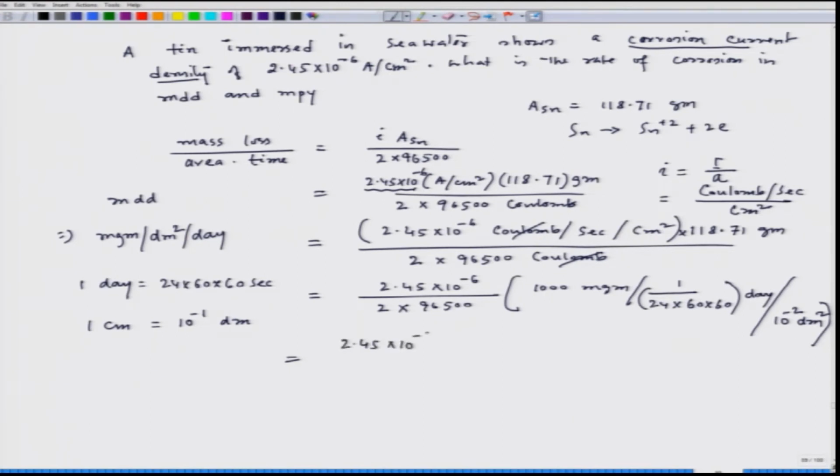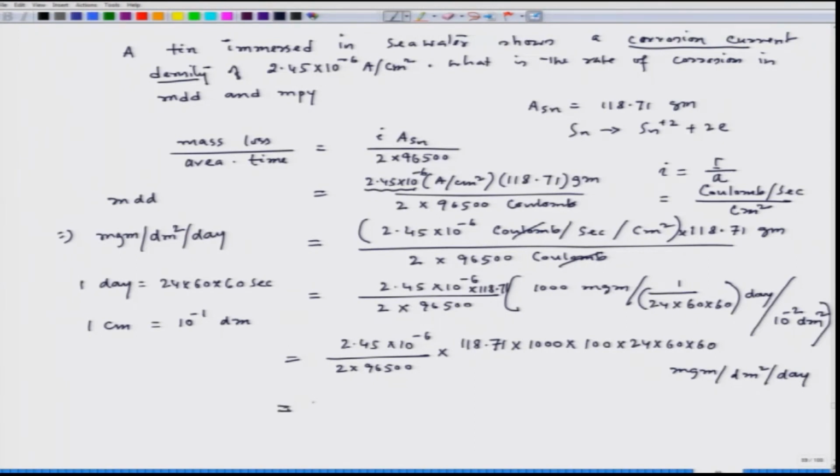So, the final expression would come as 2.45 into 10 to the power minus 6 divided by 2 into 96500, into 118.71, sorry, I missed this amount of gram, 118.71, into 1000 into 100 into 24 into 60 into 60, this much milligram per decimeter square per day.